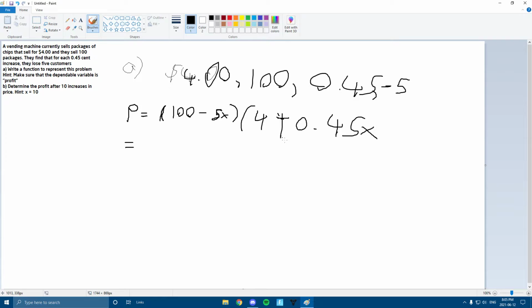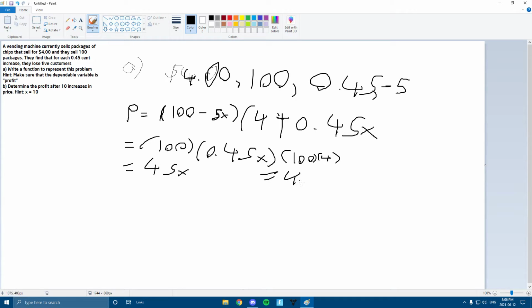Let's multiply these. 100 times 0.45x equals 45x. That's one value. Next, 100 times 4 equals 400. So far we have two values, 45x and 400.